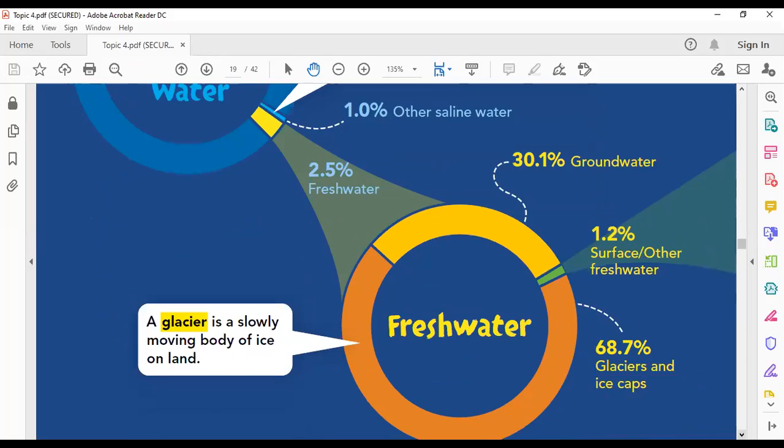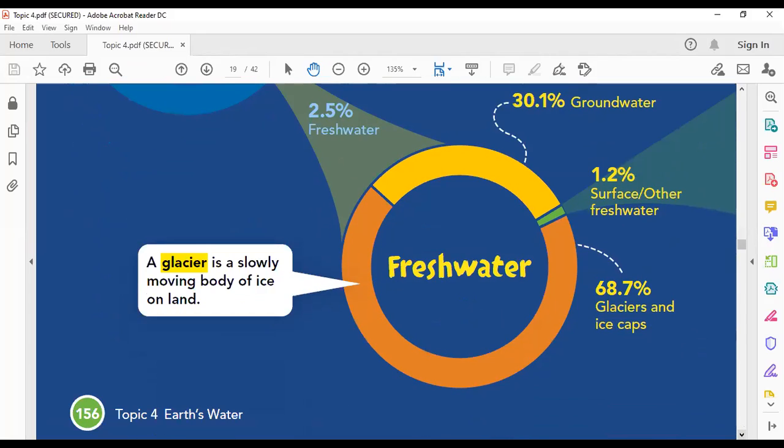But why don't they melt the glaciers? Why don't they melt the ice? Because ice in glaciers, you are talking about a huge amount of ice. Suppose that you want to melt this ice, you need a huge amount of energy, which is too expensive and too difficult.